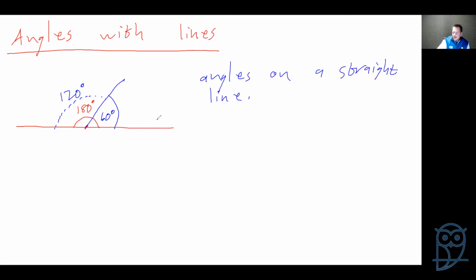You then also have vertically opposite angles. Vertically opposite angles happen when you have some version of a cross shape. Then you'll know that this angle here, again, let me just get a different color so we can differentiate. This angle over there is going to equal this angle over there. Now, how do we know that?